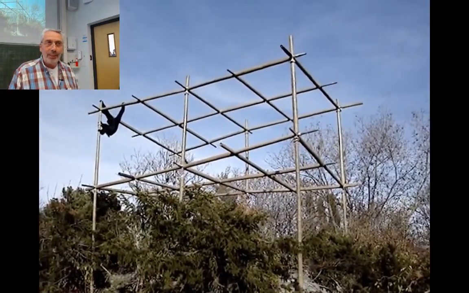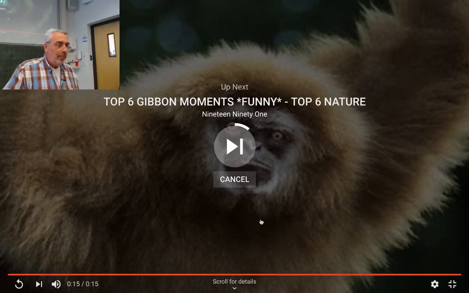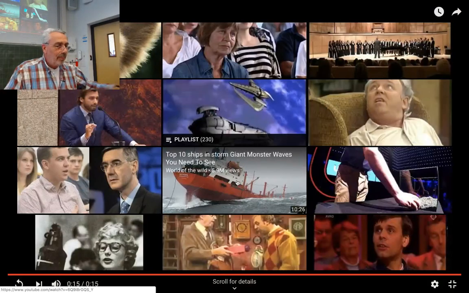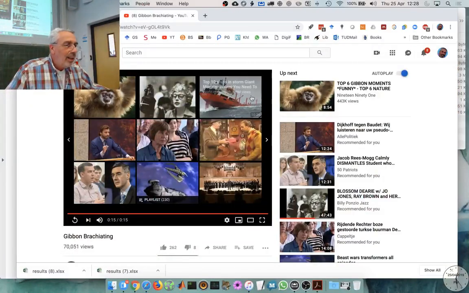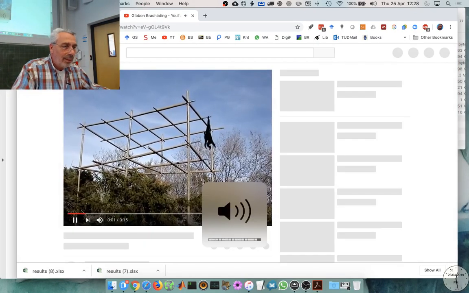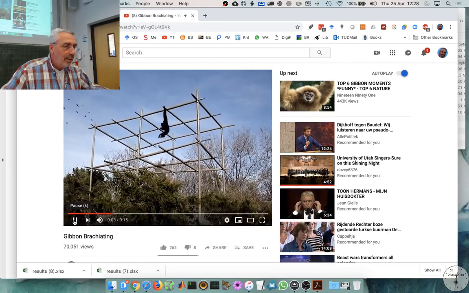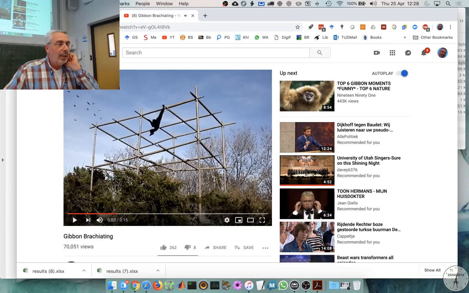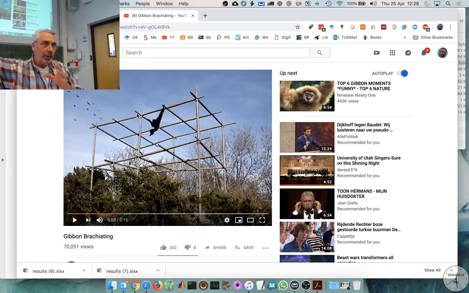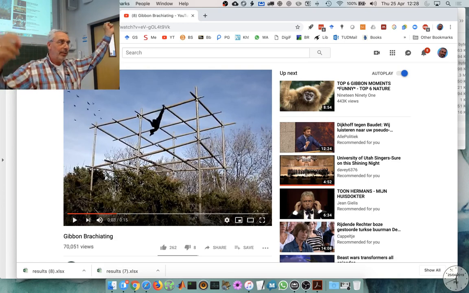So what is this? Let's go back. Can we do it again? So this is a gibbon which does ape swing. It grabs onto a handle and then it swings and then it grabs onto the next handle.